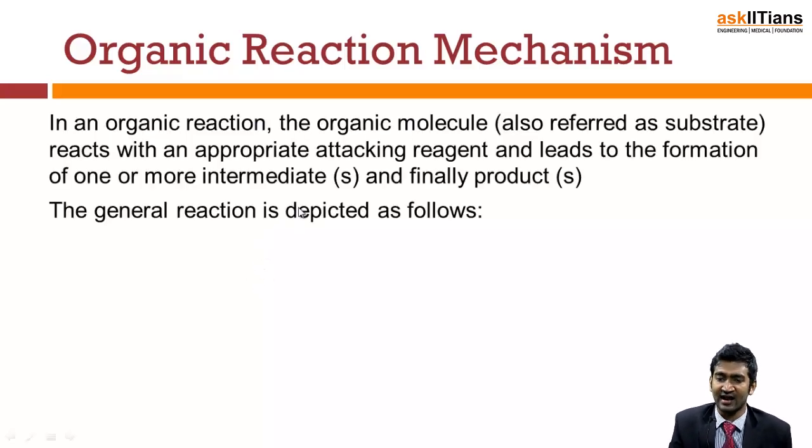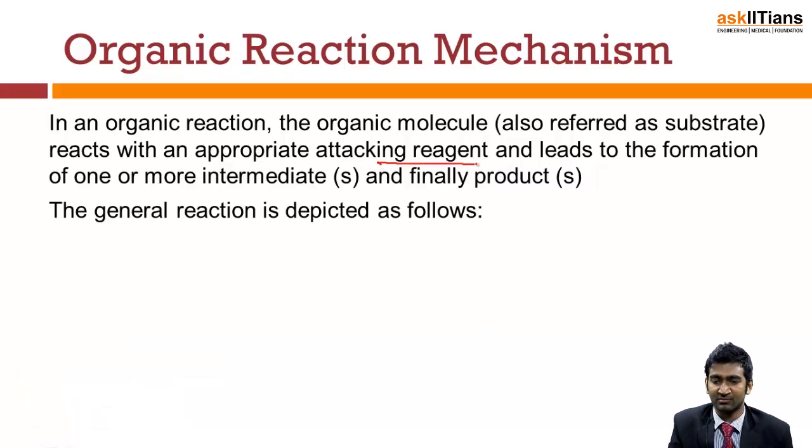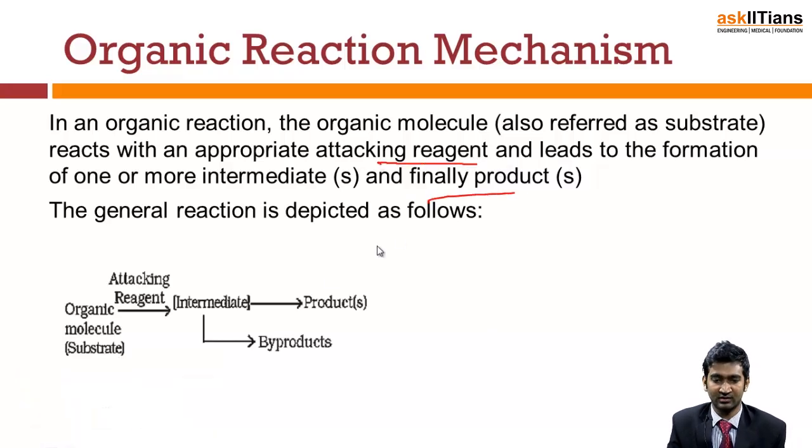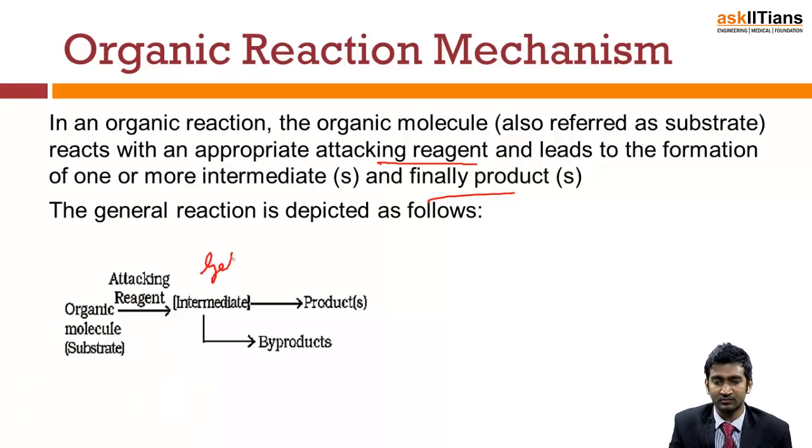So in an organic reaction also I have an attacking reagent which attacks my substrate to give me the final product. It's like this: the organic molecule, the substrate, I have the attacking reagent, then an intermediate formation takes place, and this further gives me my products or byproducts.